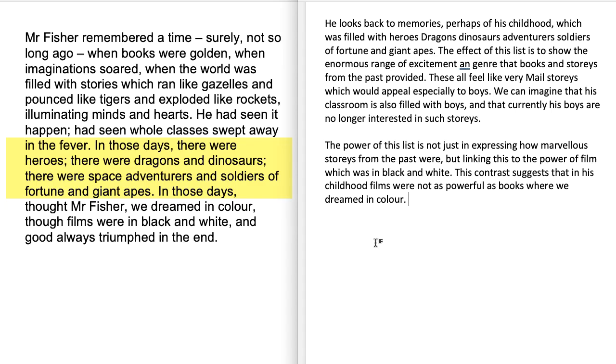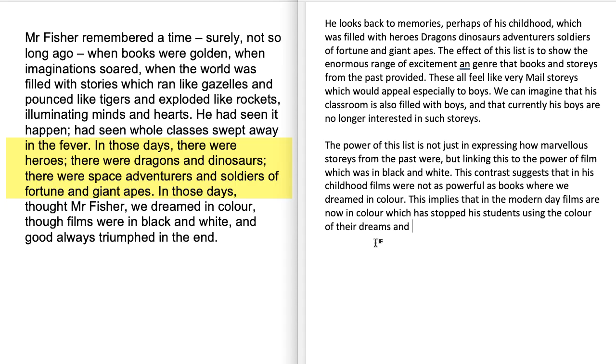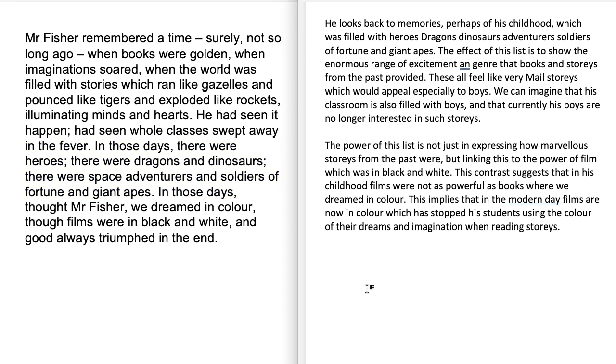This implies that in the modern day, films are now in colour, which has stopped his students using the colour of their dreams and imagination when reading stories. Full stop. New paragraph. He emphasises that books in the past were a communal experience because we dreamed. Full stop.